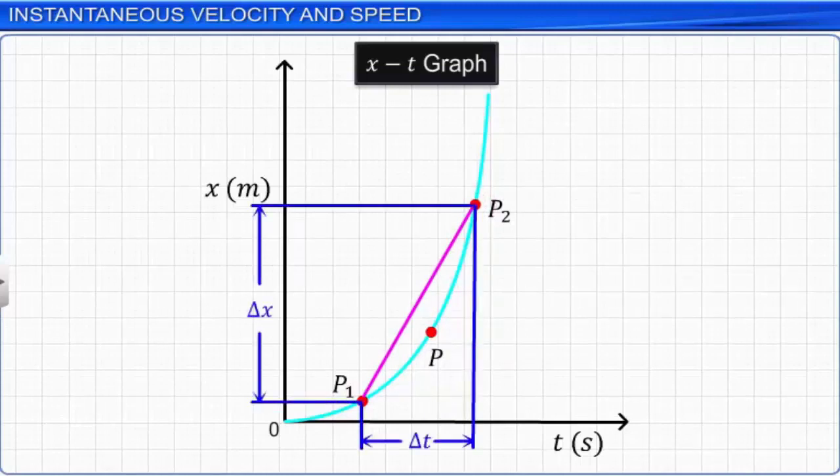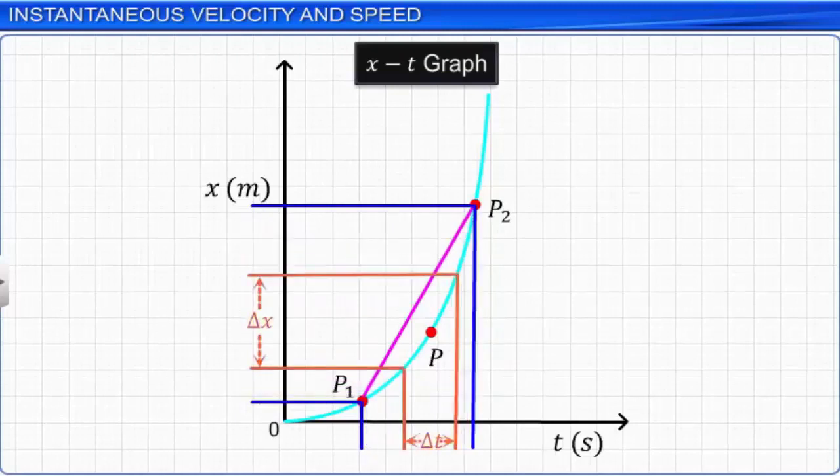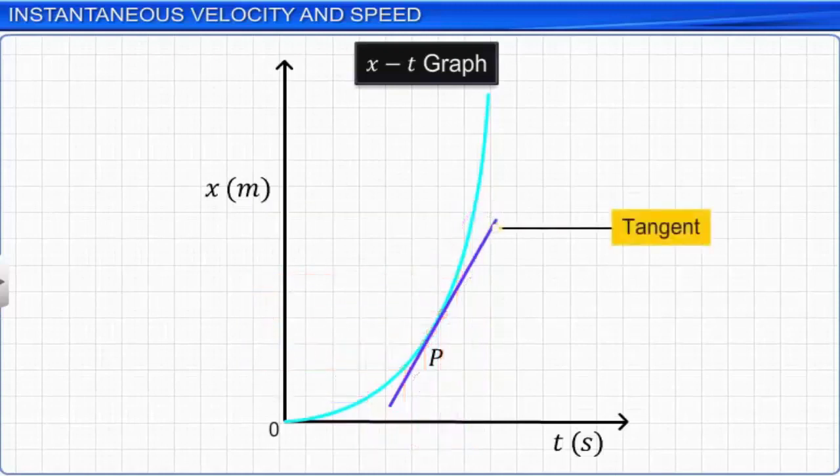When delta T is reduced, we get lines Q1, Q2, etc. On further decreasing the value of delta T, we finally get one line, which is the tangent to the curve at point P. The slope of this tangent represents the instantaneous velocity at point P. Slope is represented by tan theta as shown in the graph.